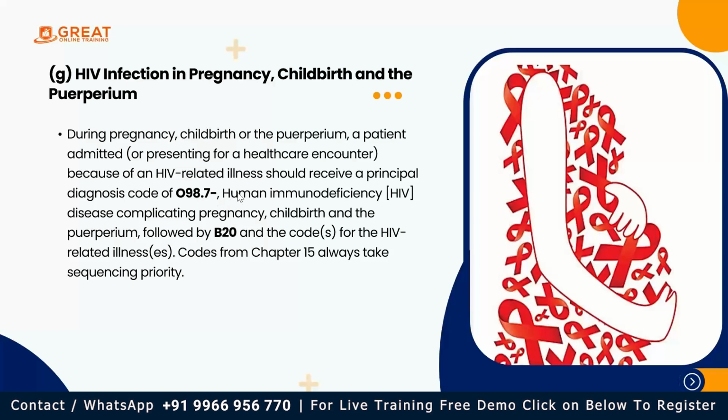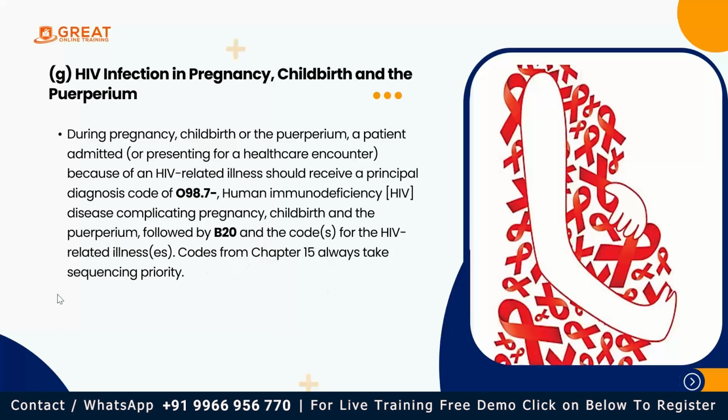It has other characters also. But B20, Z21 and R75, these three codes are complete. O98.7 is for human immunodeficiency virus disease complicating pregnancy, childbirth, and the puerperium, followed by B20 and the codes for HIV related illness.